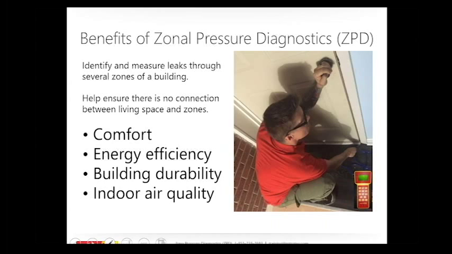Tell us about that. Yeah, what I see is not necessarily using a specific tool other than just basic zone pressure diagnostics. Really where I see it coming up in new construction is sometimes the sequencing of construction gets a little weird, and things get closed up before the HERS rater is able to look at all the spaces and check everything off on the thermal bypass checklist before it gets closed.